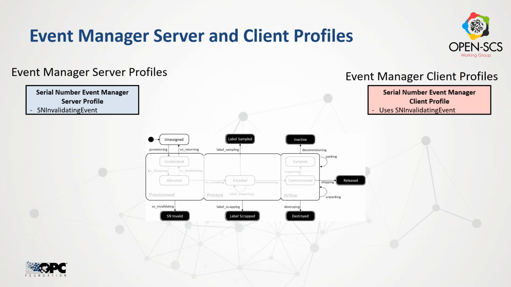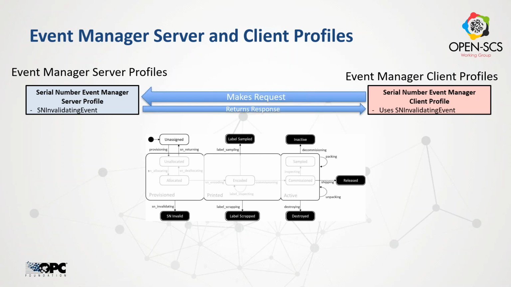The client is something that would be on another side. So let's say that is an MES system, and it's basically saying, I'm a client, I will make the procedure call of the SN invalidating event. So the client makes the request, the server does the response. That's the profile that we have defined.